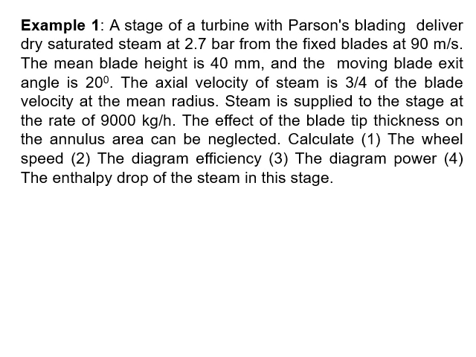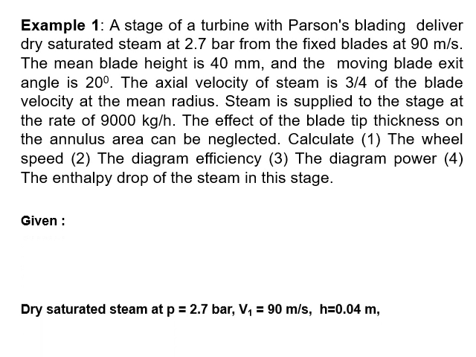The axial velocity of steam is 3/4th of the blade velocity at the mean radius. Steam is supplied to the stage at the rate of 9000 kg per hour. The effect of the blade tip thickness on the annulus area can be neglected. Calculate the wheel speed, the diagram efficiency, the diagram power, and the enthalpy drop of the steam in this stage.